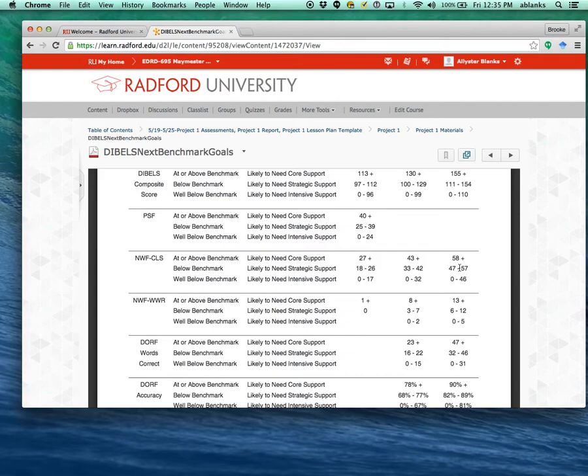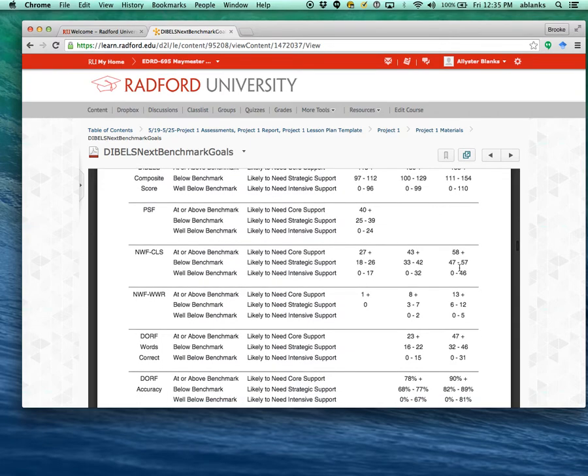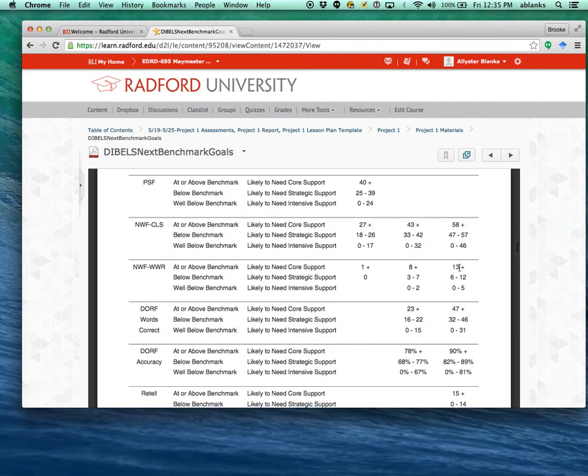They're not significantly behind, but they're behind enough that we're worried about them. And so this would be a case where we would make a valid evidence-based argument for providing Tier 2 instruction in the phonics skills that undergird nonsense word fluency.